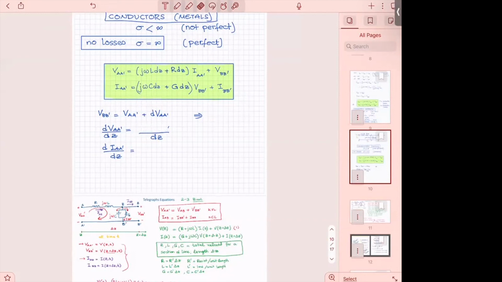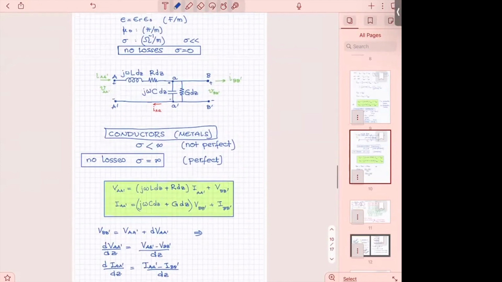Okay, let me do it like this. And this is going to be Ia prime minus Ib prime dz. So because the dimension is just dz.